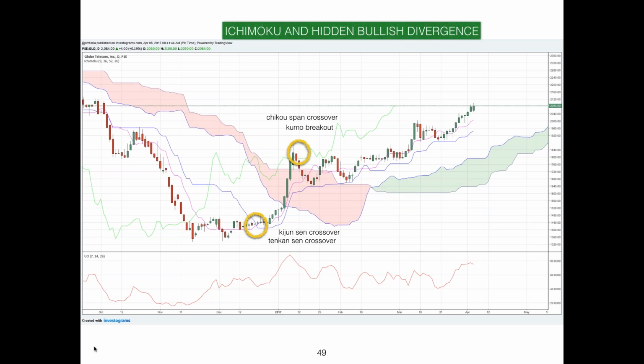There's also a Chikou span crossover and a bullish Kumo twist. Now, as price moved within the trend, you find that price made a small triangle or a pennant pattern.